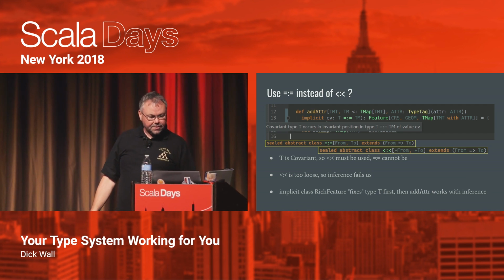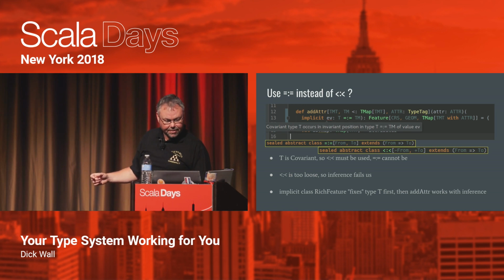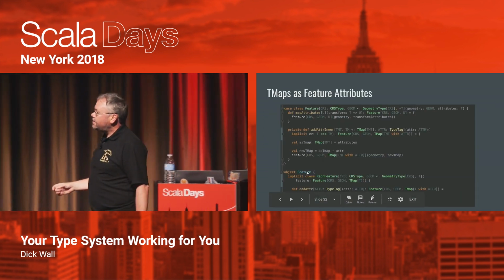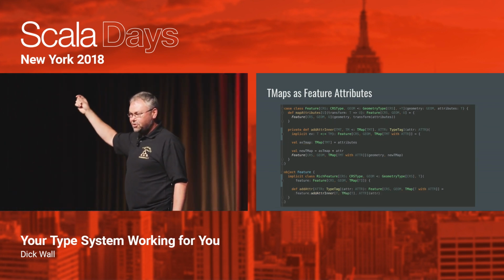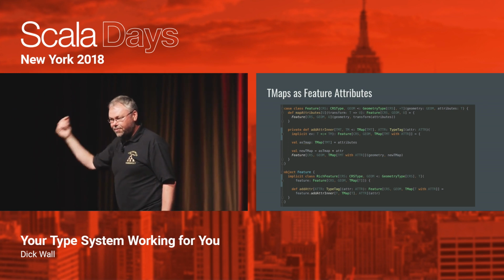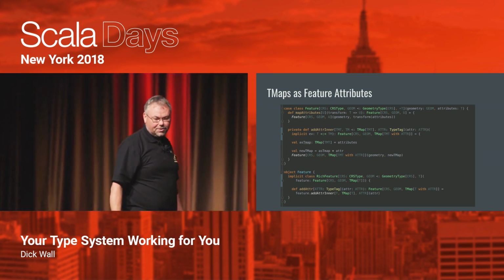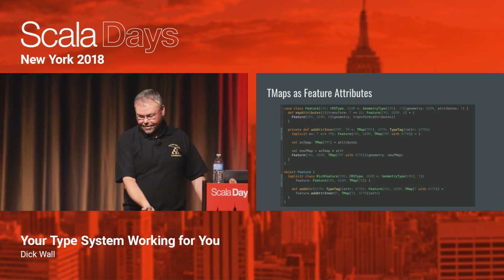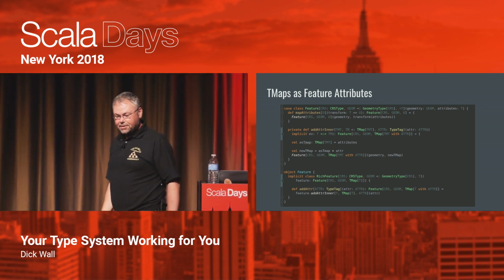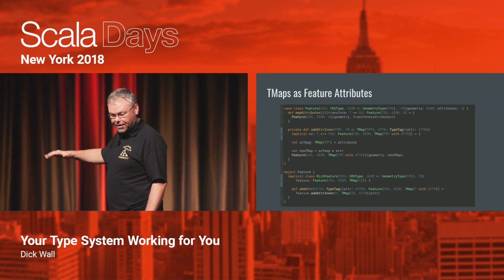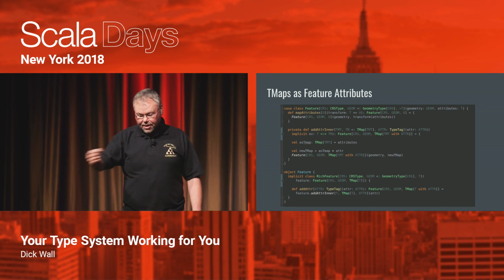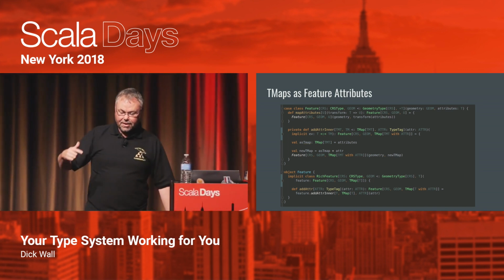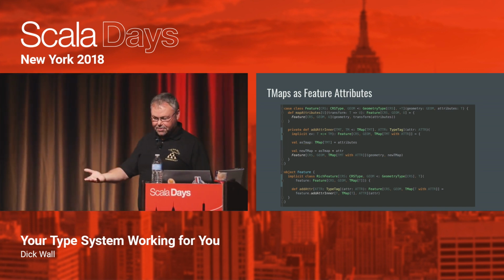All right, so the rich feature, if I go back to that, what that does is right here, it allows us to fix the type T. So this thing's created, and when we create it, we fix the type. So there's no longer any need to infer it and get this nothing that's at the bottom of the hierarchy anymore. So at that point, it freezes that type in place, and then we can call the add attribute, and we have the original type and we have the new attribute, and we union them together. We intersect them, and that becomes the new type.